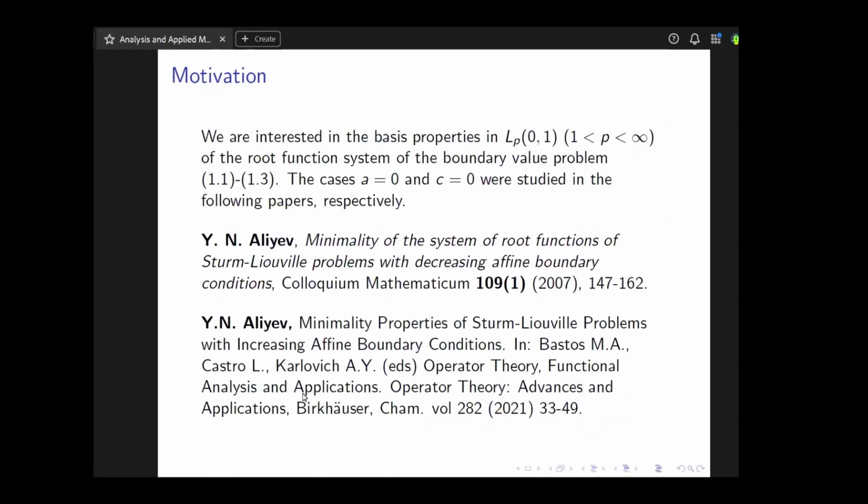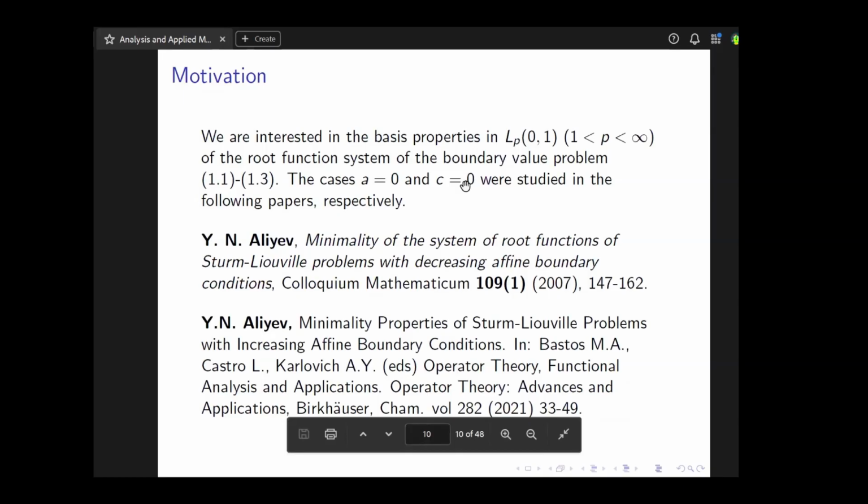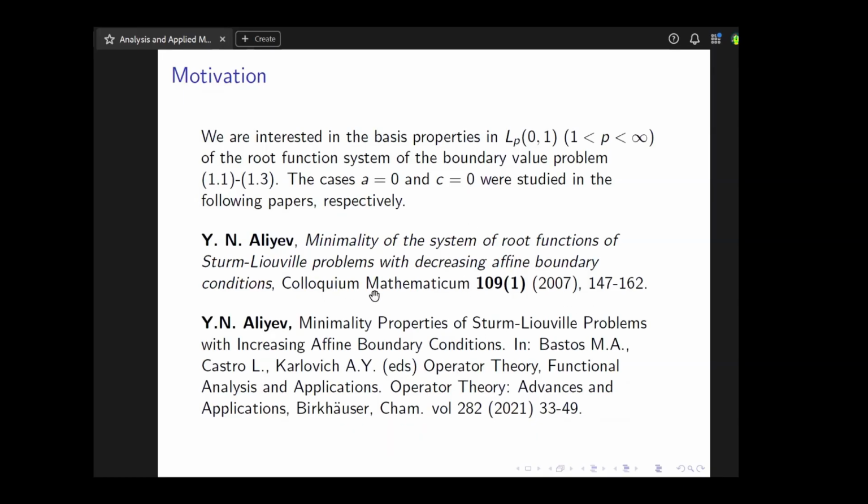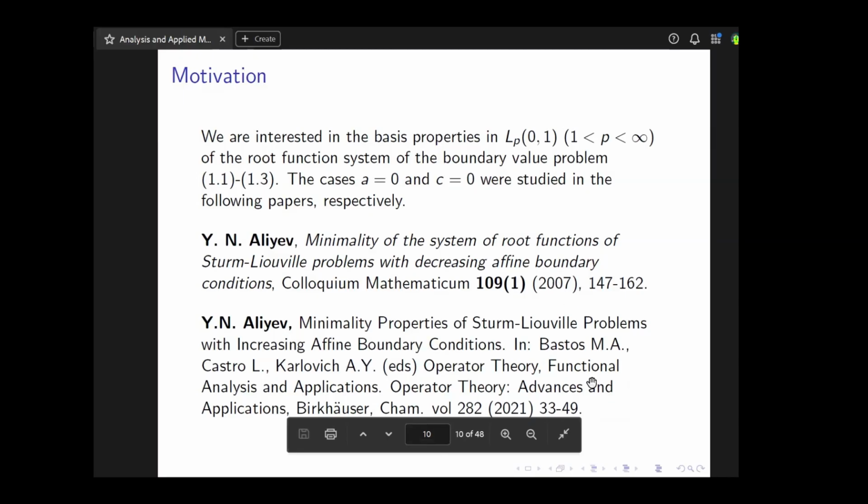So the motivation of the current work is to generalize the cases considered before. The case A equals 0, when lambda was present only on one side, or C equals 0 on the other side, was considered before in 2007 by me, and again in 2021 by me.